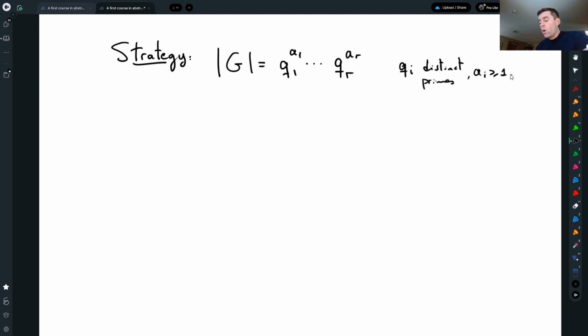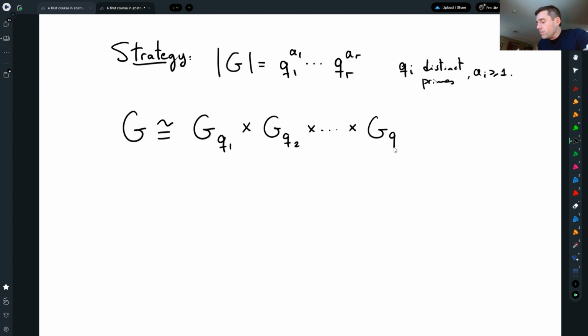Okay, so in this strategy, what I'm going to do is first find out that G is actually isomorphic to the direct product of what we call the Q primary components, or the P primary components. So in this case, there is going to be an internal direct product of subgroups of G that correspond to each of the distinct primes dividing the order of G.